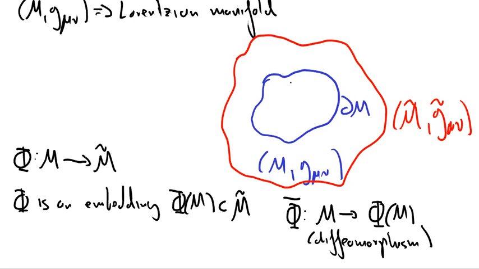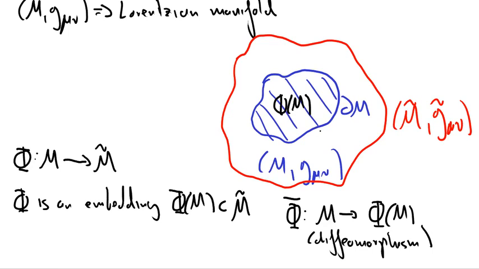With this, what we have is that this set here corresponds to the image phi of M under the embedding.